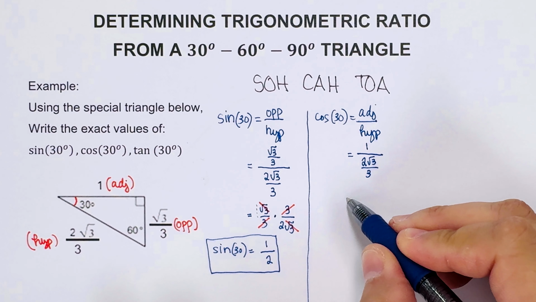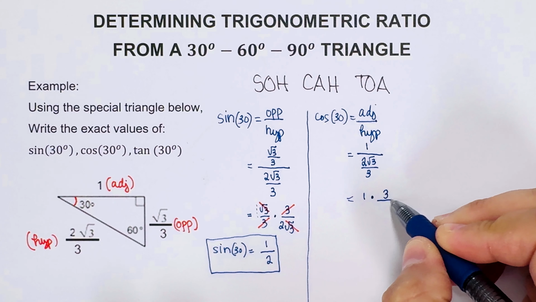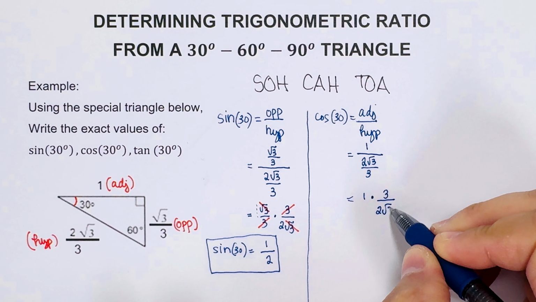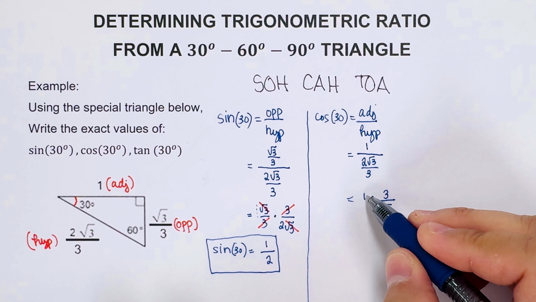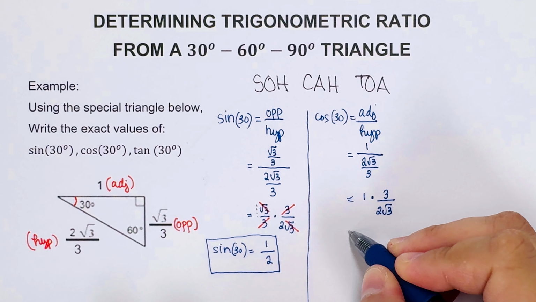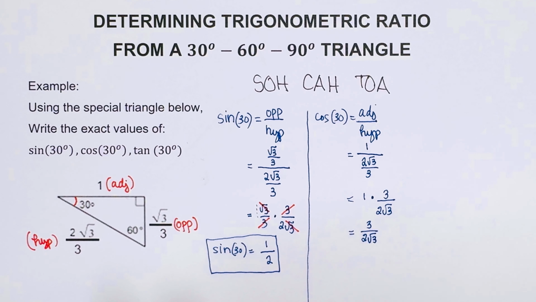So this is a complex fraction. So what I would do is I write the 1 times 3 over 2 square root of 3. So I had to flip it. So what is 1 times 3? 3 over 2 square root of 3. Okay, because you have a 1 times 3 is 3, and then there's an invisible 1 at the bottom. So 1 times 2 square root of 3 is 2 square root of 3.